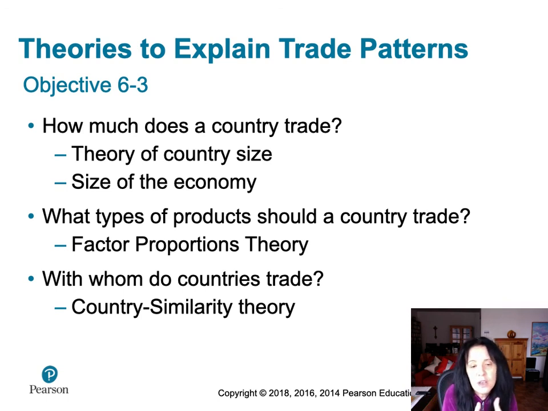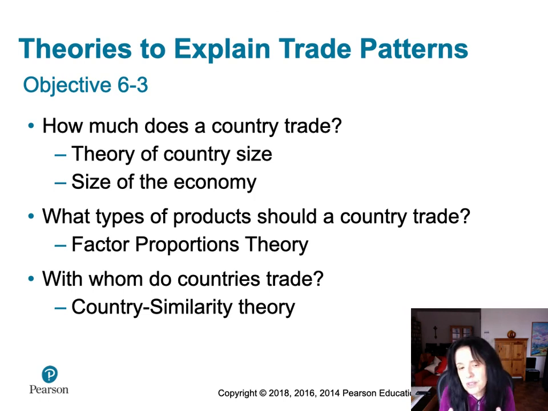So countries export their goods to countries that they are more familiar with, that they are more accustomed to, especially those countries where there are comparable levels of per capita income.